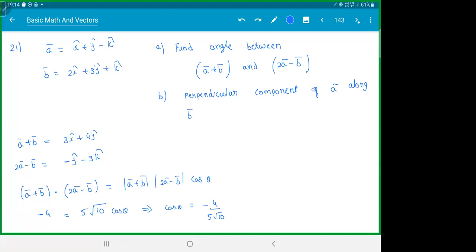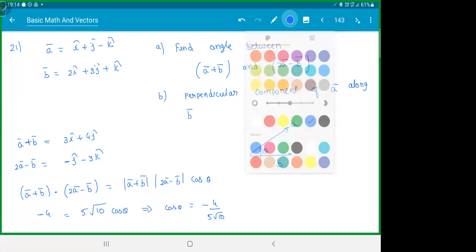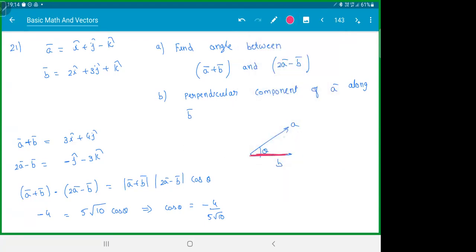Yes, so in this case, it won't be that. No, I'm asking you something else. Look, I'm asking you about A bar, B bar. Till now, we are finding this one. I'm asking you to find this one. I'm not asking you to do the dot product of this and this.